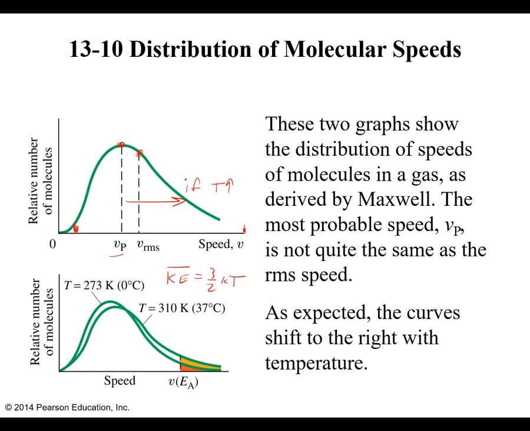And what we see is here's the most probable speed, Vp, at 0 degrees Celsius. And here it is at 37 degrees Celsius. Sure enough, the average velocity increases as temperature increases. And so it's safe to say that temperature is a good measure of the kinetic energy or the velocity of molecules in an ideal gas.